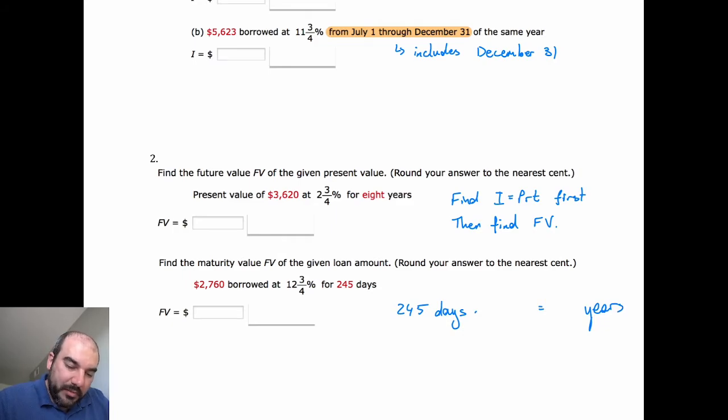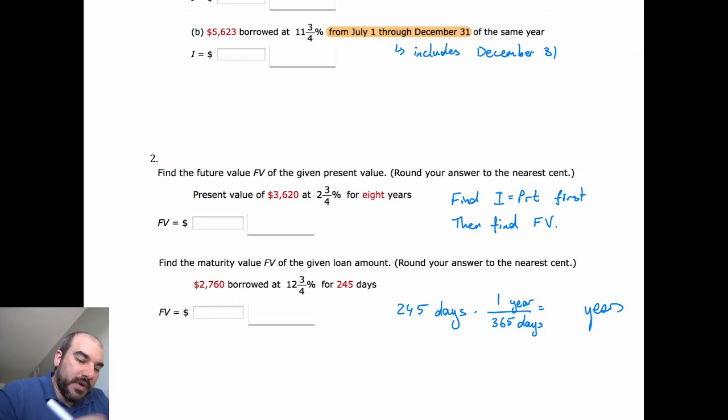Well, we multiply by a fraction to convert from days to years, and we use the ratio of how many days are in a year as a conversion factor. So we know that there's 365 days in 1 year.